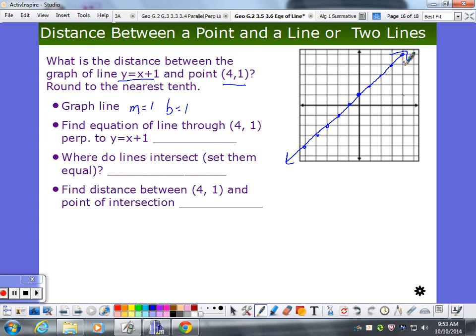And I wanted the distance between that and 1, 2, 3, 4, 1. So I want to find this distance here. So what's the slope of this line?